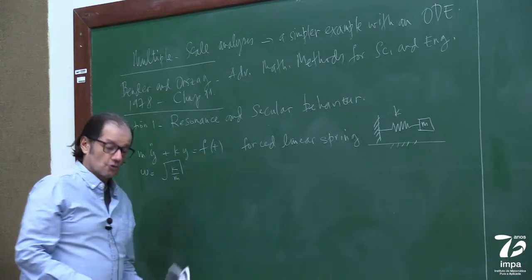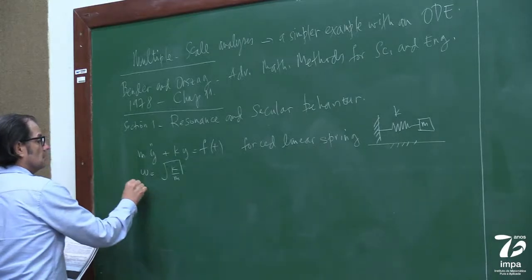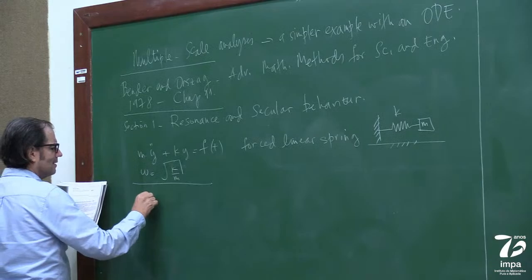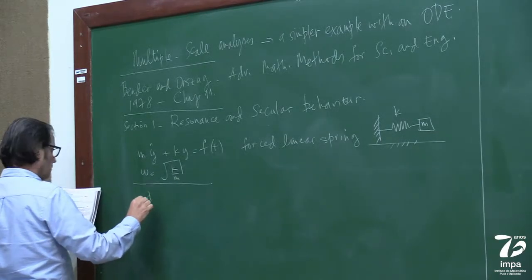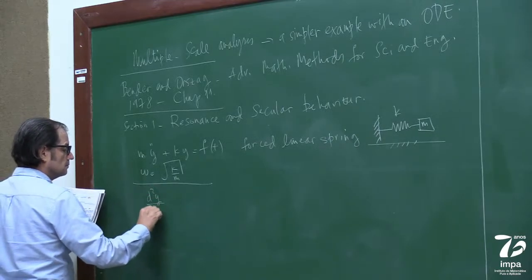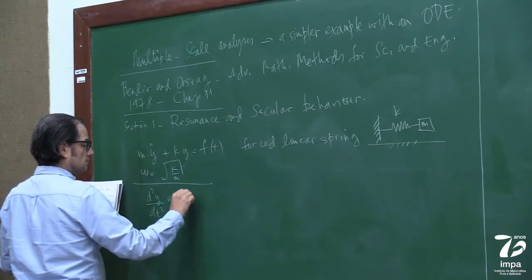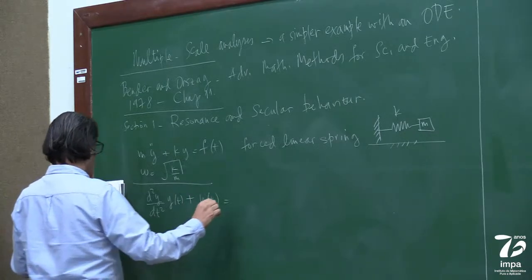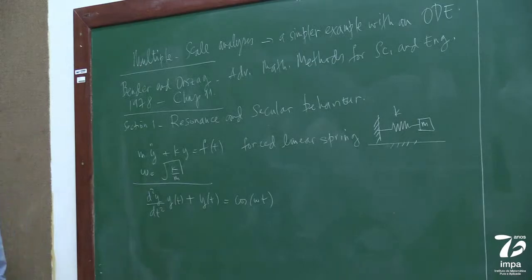Now, there's a forcing term that could be periodic, so the equation that appears in Bender and Orszag is already scaled. Let me write it with the notation of the book. This is the first problem that's analyzed in the book, in chapter 11.